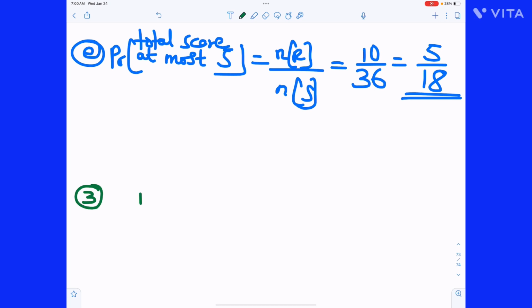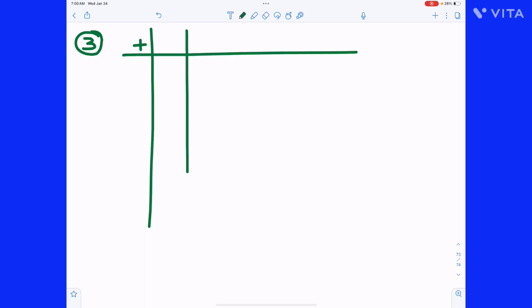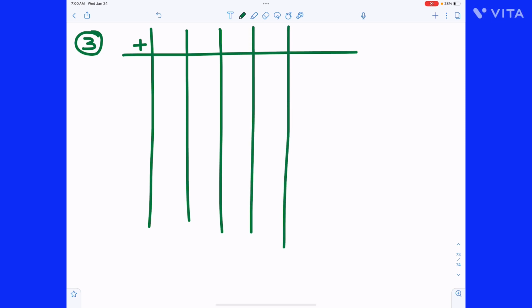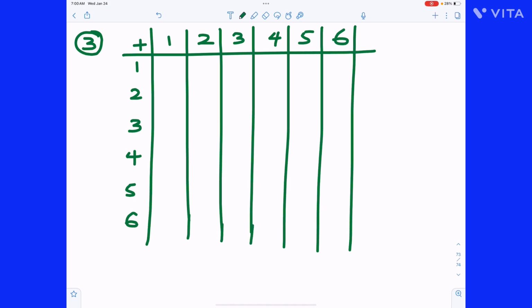When 2 dice are thrown, the possible outcomes are 1, 2, 3, 4, 5, 6 on one die, and 1, 2, 3, 4, 5, 6 on the other. Let's make this as neat as possible.